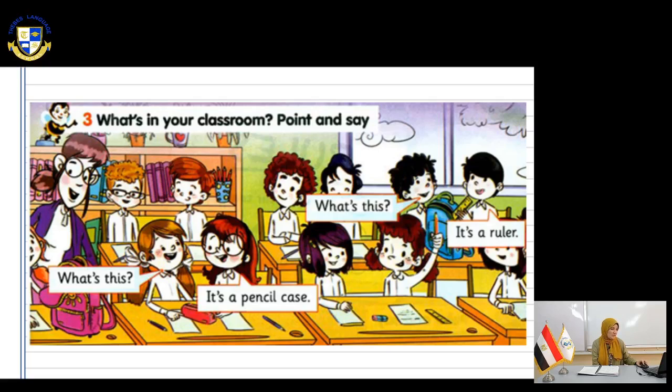The other boy is asking his friend, what is this? It's a ruler. So when I ask about something, I'm saying, what is this? Pointing to something near to me. And we answer with, it's a, and we say the thing, or it's an, if this thing starts with a vowel.